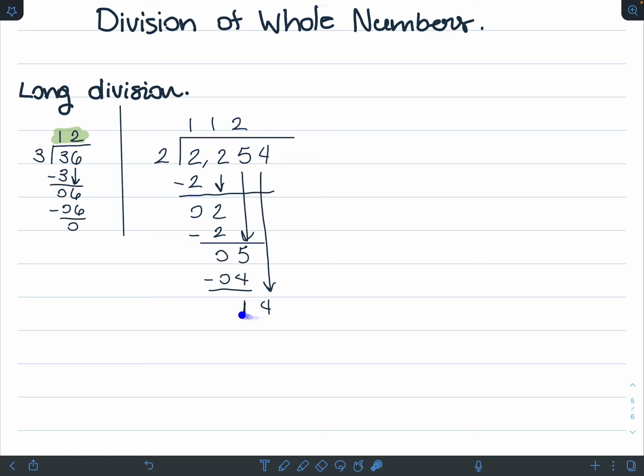2 times what number gives me 14? 7. Now we have our solution. 2,254 divided by 2 equals 1,127.